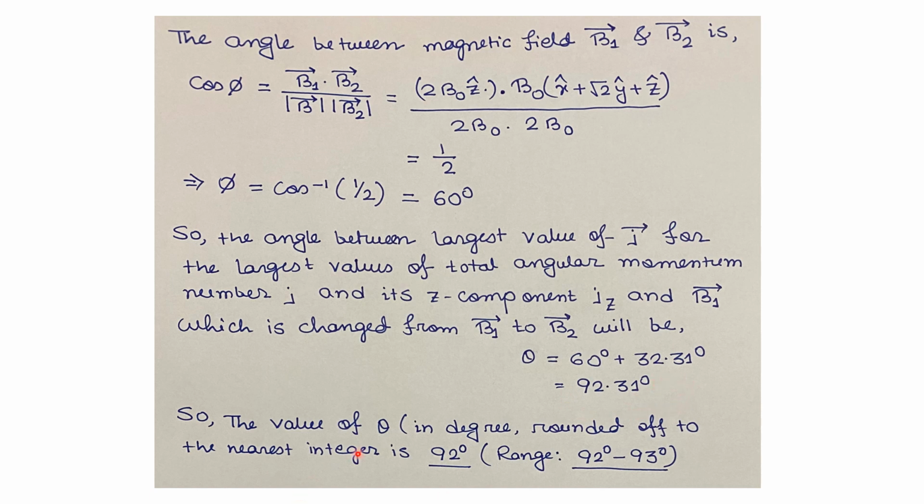So the value of theta in degrees rounded off to the nearest integer is 92 degrees. So the range of the answer will be 92 degrees to 93 degrees.